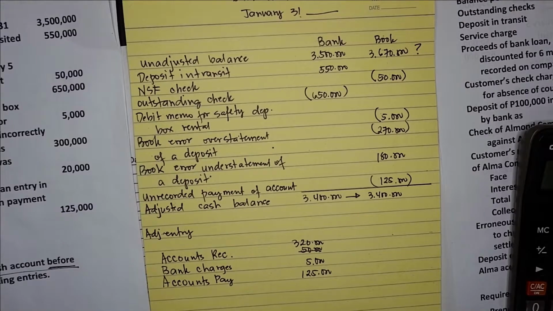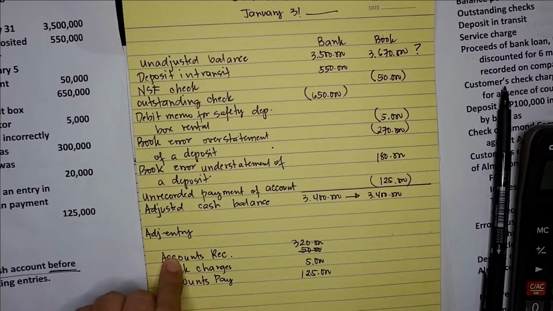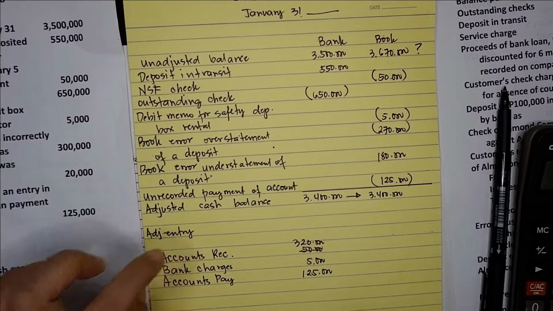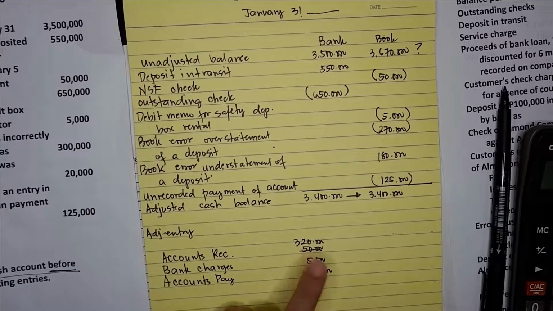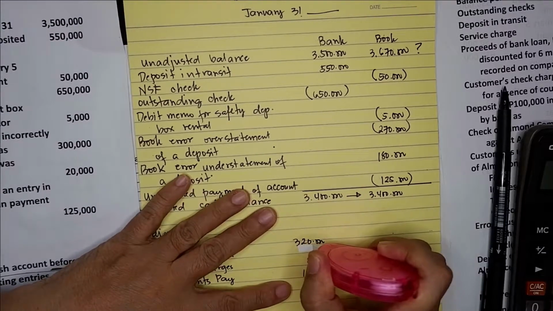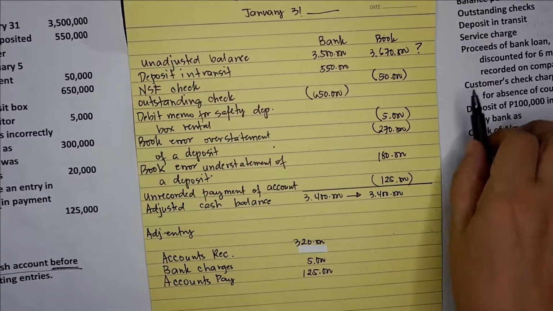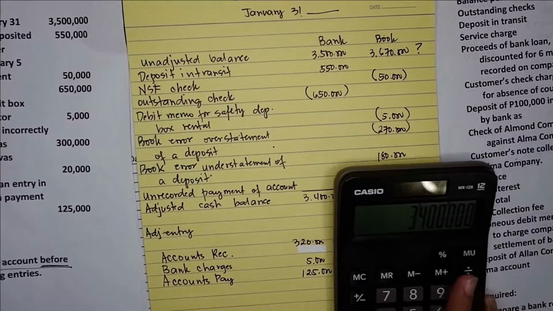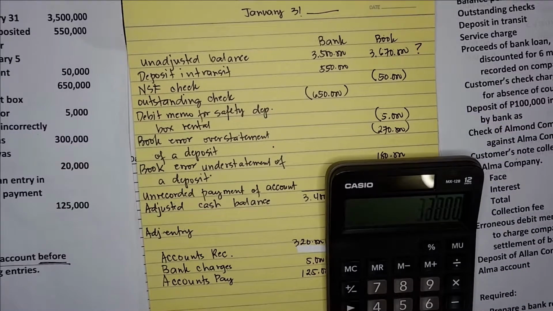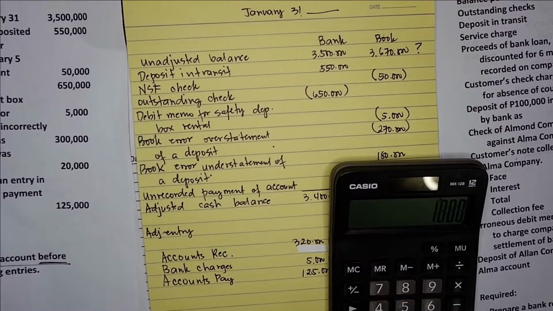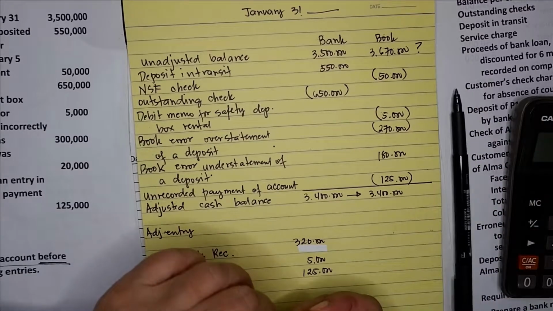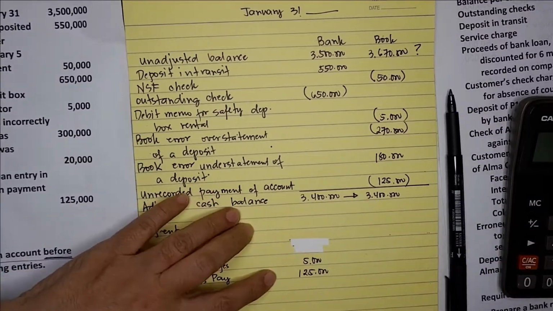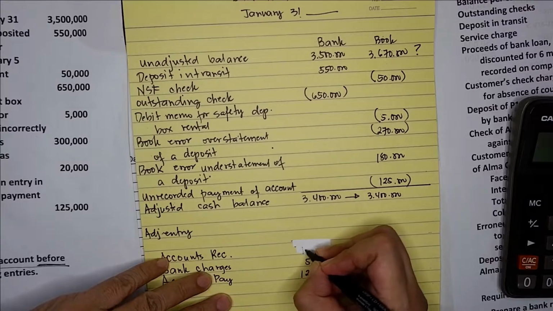So let us just correct this amount. We should not record another accounts receivable here. So let us just have the net amount for accounts receivable, 320, and now we have 180. So 320 minus 180, the net amount is 140. Let us just make it 140.